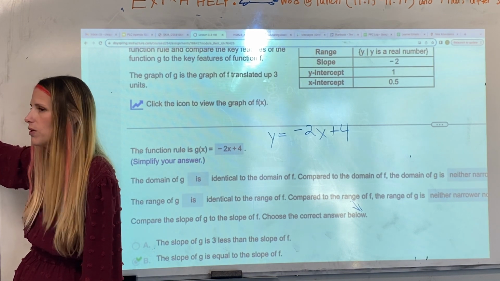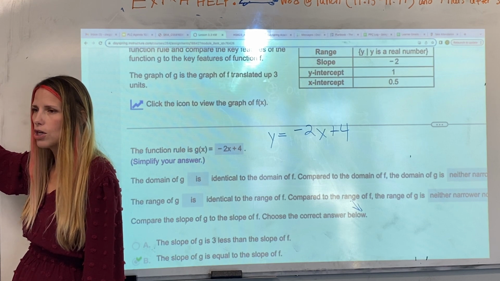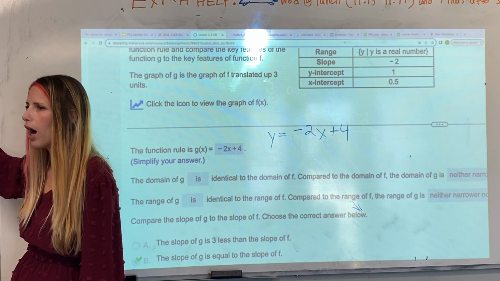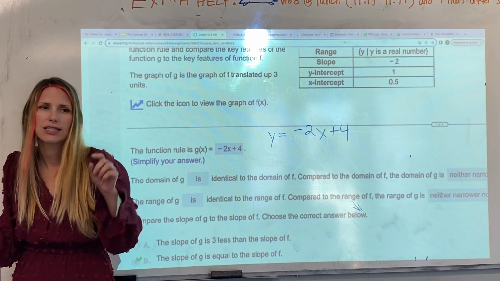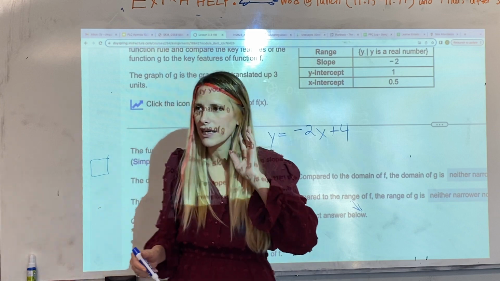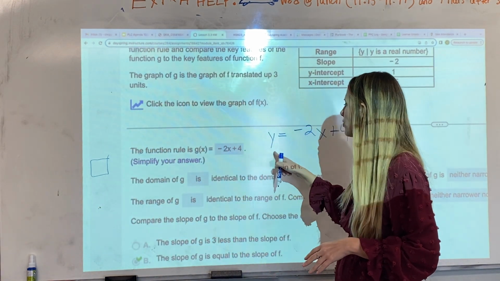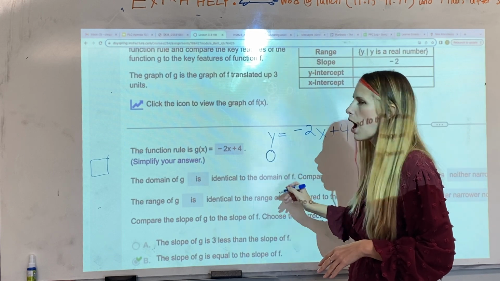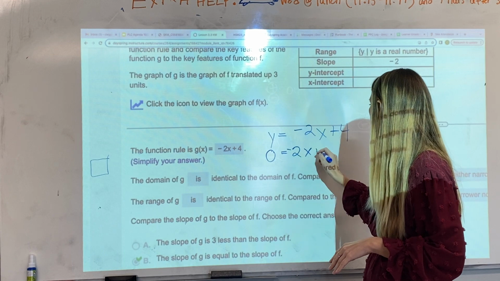What's the x value of this point? 2. What's the y value? 0. So anytime you have a point on the x-axis, your y value has to be 0. So go ahead and plug in a 0 for your y, your output, and solve for x.